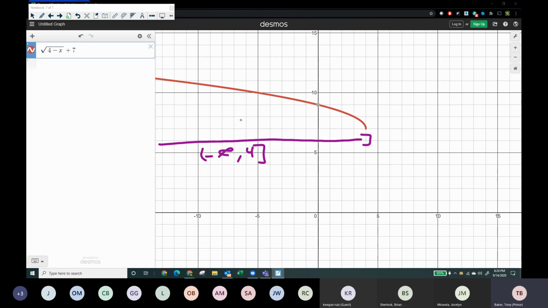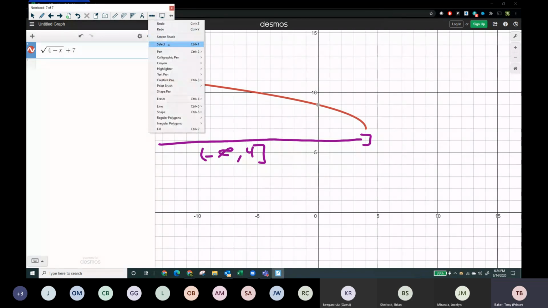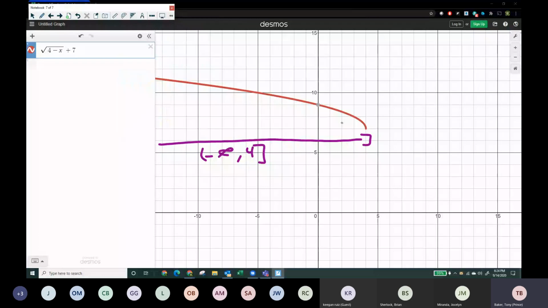That's my domain. My range of this function, if I look at it, goes from 7 all the way up to infinity because it keeps going. So my range is 7 to infinity.